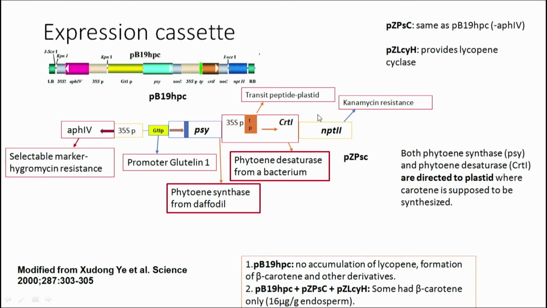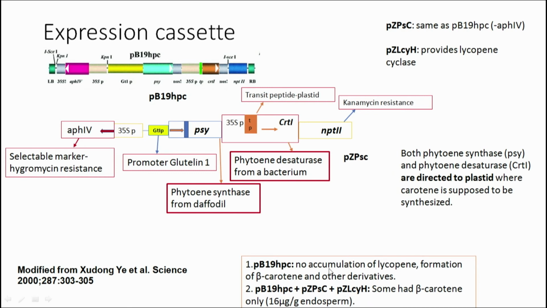Now, in rice seeds, they have introduced first either only this plasmid, which is PB19 HPC, which contains these two genes PSY and CRT1. Okay. So, that is the gene which is introduced, or into those plants which have already got this plasmid, they have introduced another plasmid which is PZPSC and PZLCYH.